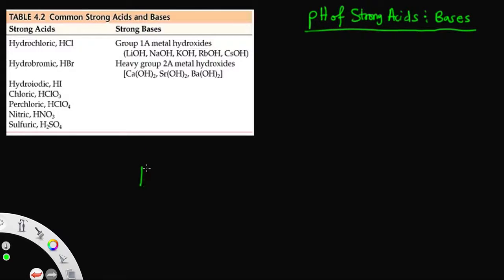Well, if we were to have a strong acid, and I'm just going to denote that as HA, because it's the hydrogen and then some other compound that binds with the hydrogen in order to make the acid.